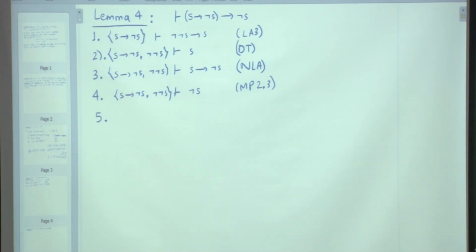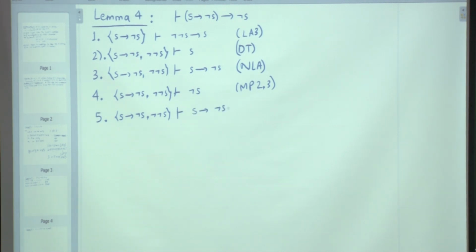Fifth one, now that we have double negation S, we have S and we have negation S. Whenever we have both of them, what should we use? Lemma 9? No, lemma 9 is for proving inconsistency. That should not be used in any formal proofs. But the proof of lemma 9 uses lemma 2, so let us use lemma 2 and monotonicity.